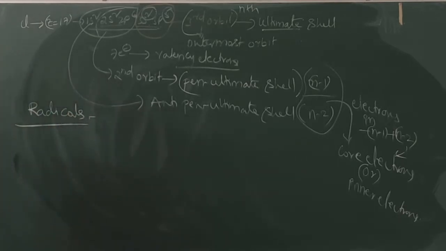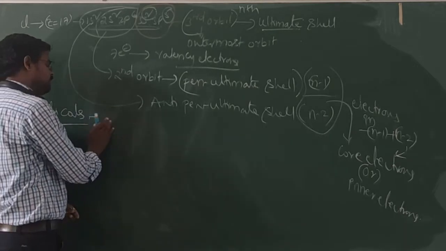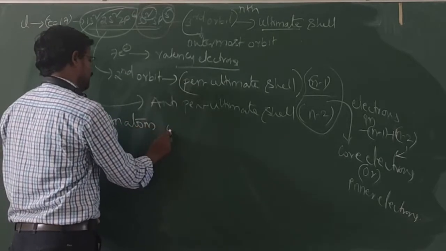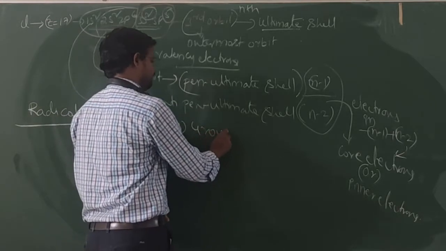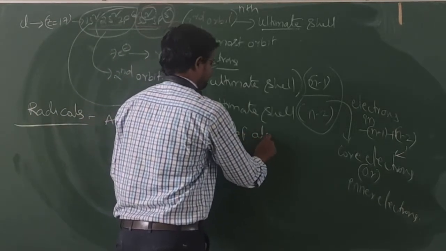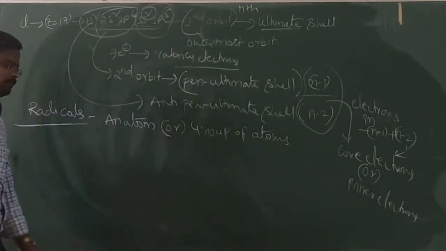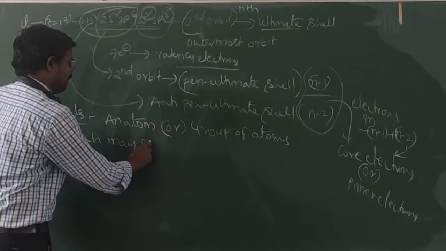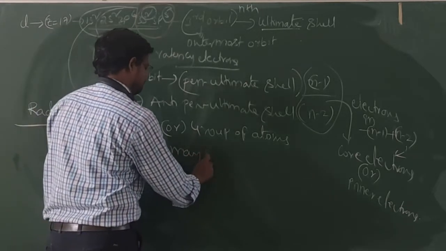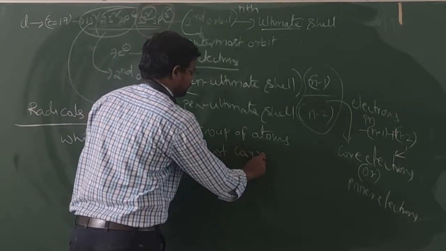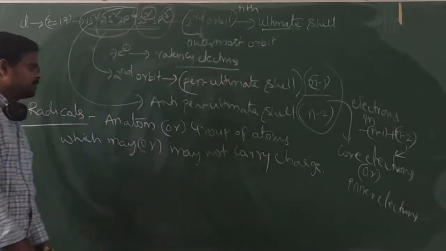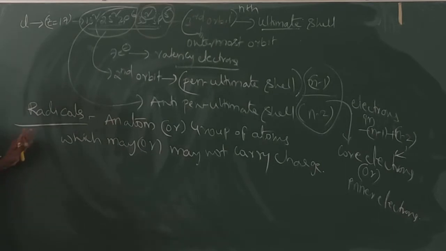These atoms or groups of atoms may carry a charge or may not carry a charge. An atom or group of atoms which may carry or may not carry a charge are called radicals.